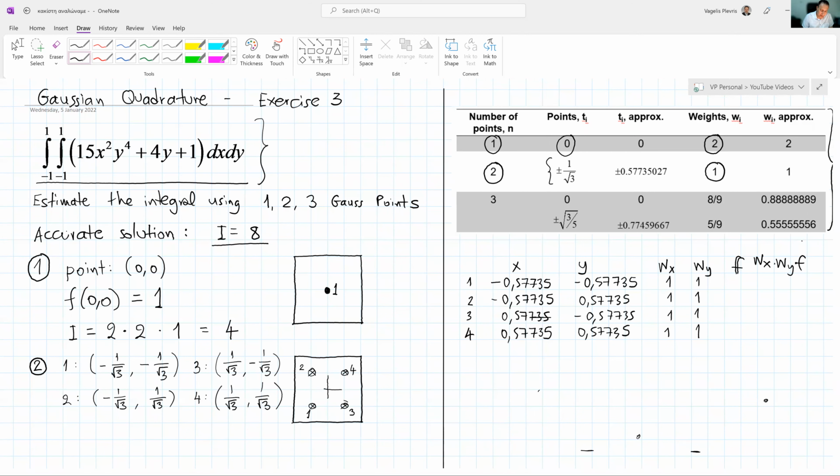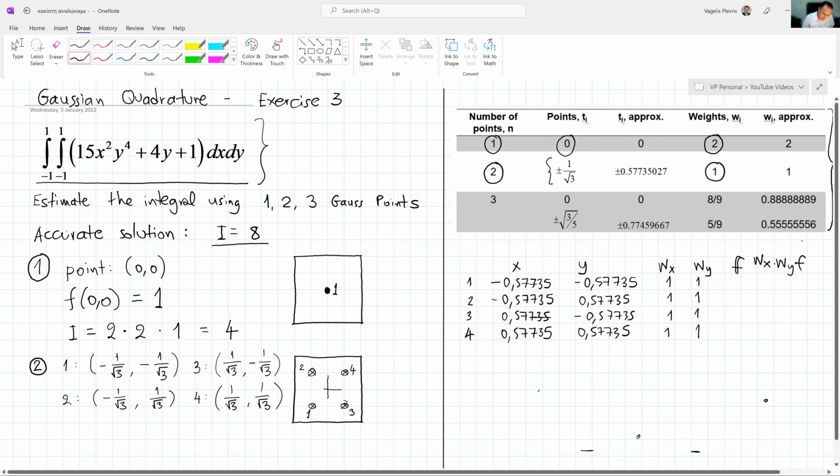So if I calculate the value of the function, I will find the following. These calculations can be easily done in Excel, but you can do it also by hand.